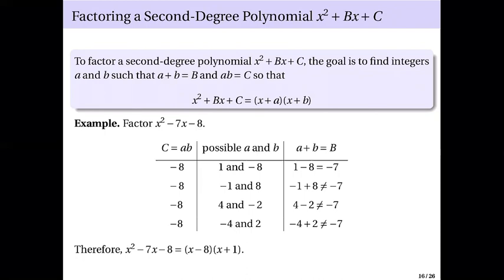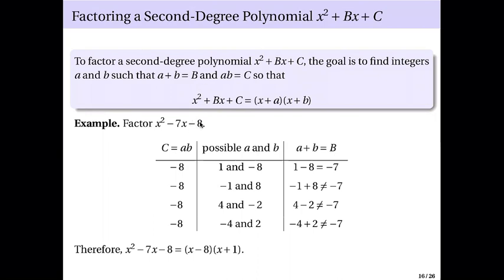So you can skip the both positive trials. And of course, if C is positive and the middle part is also positive, you only try positive factors. The pair must have the same positive numbers.